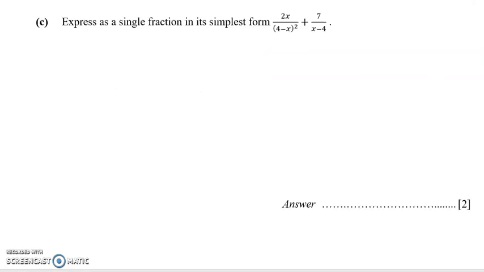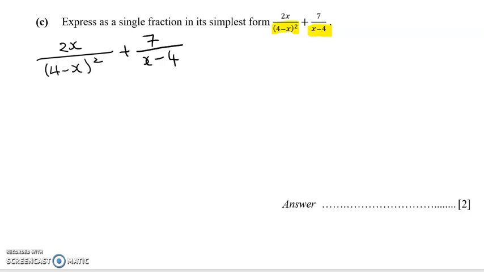Let us go on to question 1c. We need to express this expression as a single fraction in its simplest form. For this question, let us take a closer look at the two denominators. We have 4 minus x squared and x minus 4.